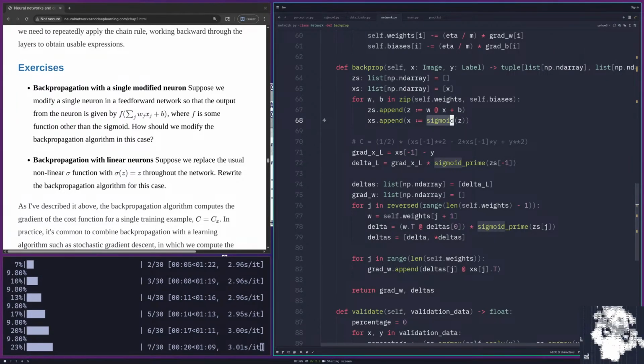I guess I would have expected it to learn. It's possible that I did something wrong. Yeah, I would expect it to learn, but maybe just not as well.